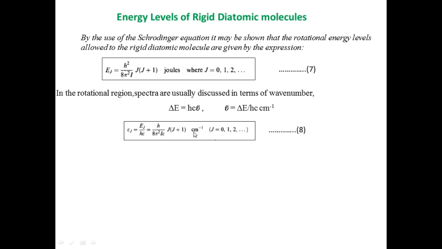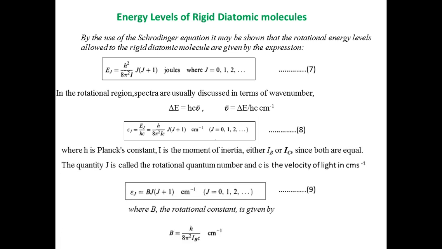So just remember, the rotational energy levels are expressed in joule, it means Ej. When it is expressed in cm inverse, it means nu bar. So the expression for Ej is h square by 8 pi square I into j into j plus 1, and the expression for nu bar is that value divided by hc, that is equal to h by 8 pi square Ic into j into j plus 1, where h is Planck's constant, I is moment of inertia, c is the velocity of light in centimeter per second.